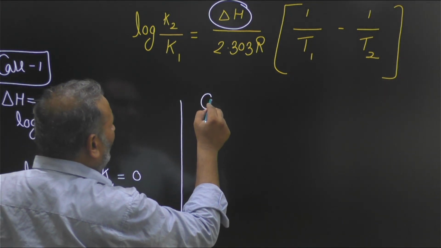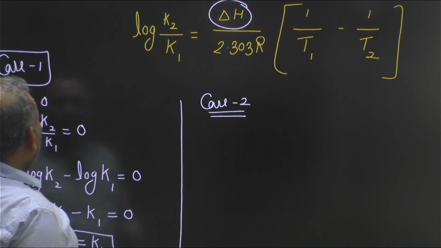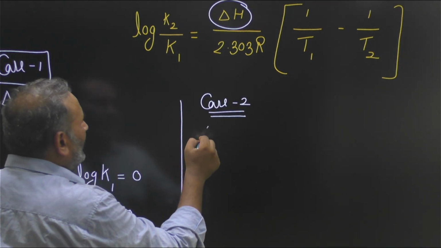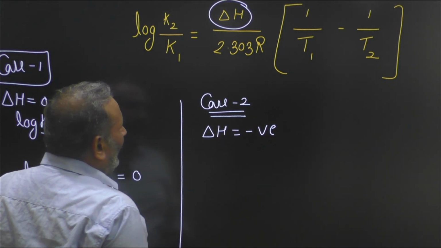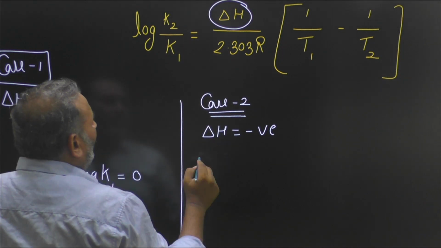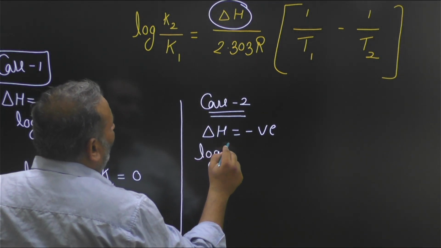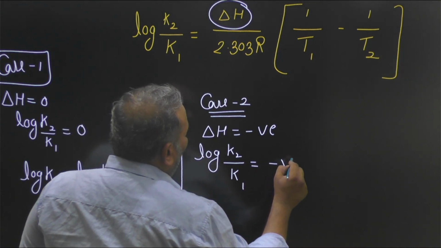Case number 2. If delta H is negative, then the whole value of log K2 by K1 will be negative.